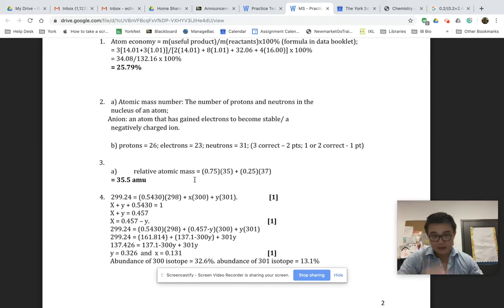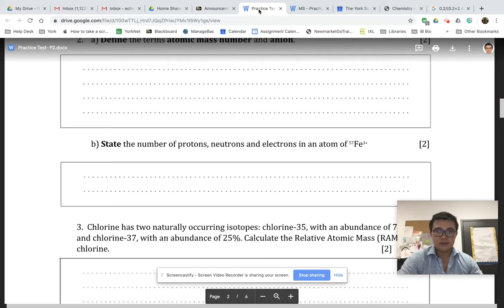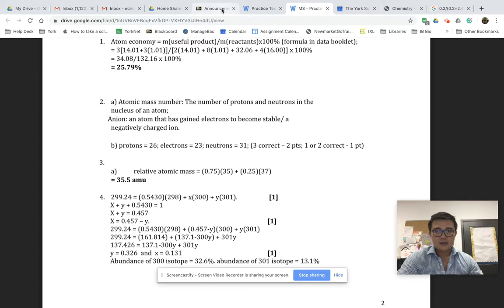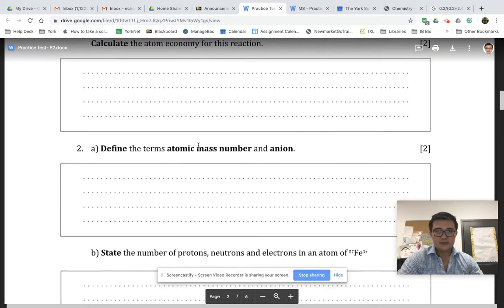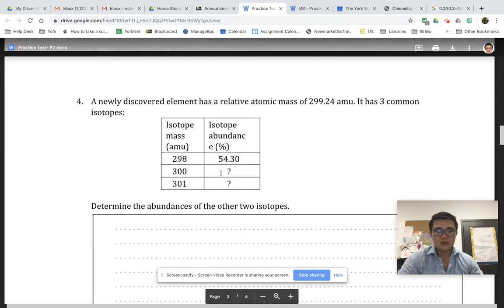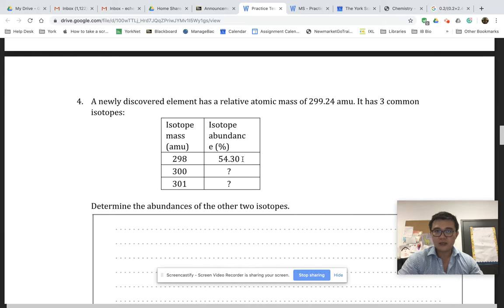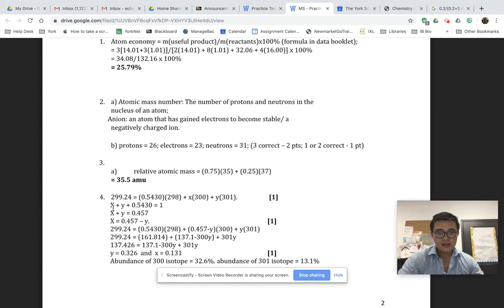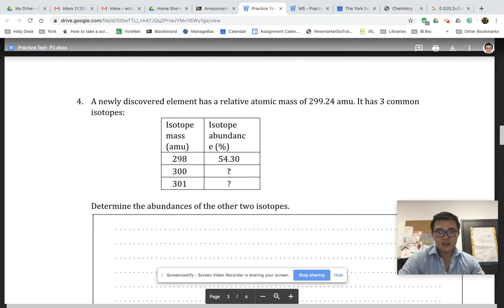Yeah, you have to use X and Y simply because, where's the practice test? Question number 4, because you have 2 unknowns. However, keep in mind, as you can see here, technically you have X and Y. However, you can actually come up with a way after you simplify. So essentially, X is this one, Y is this one, but they all add up to 100.